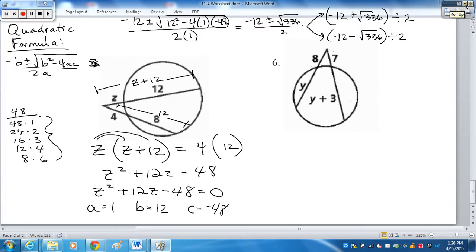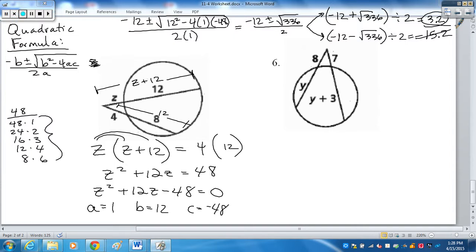When I typed that into my calculator, I got 3.2 and negative 15.2. Obviously, we cannot have a negative length, so we get rid of that, and that is going to be our answer. 3.2 is the approximate length of Z, and I think it even looks like it within the problem there. It makes sense.